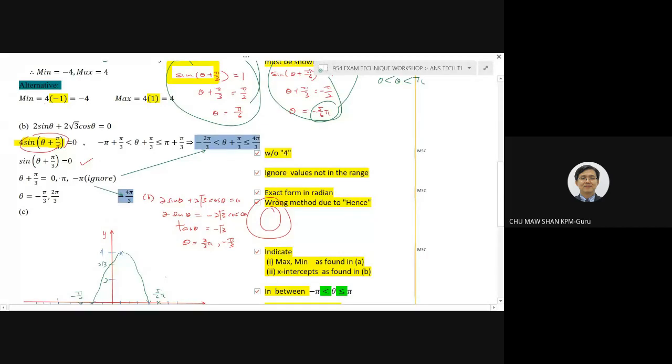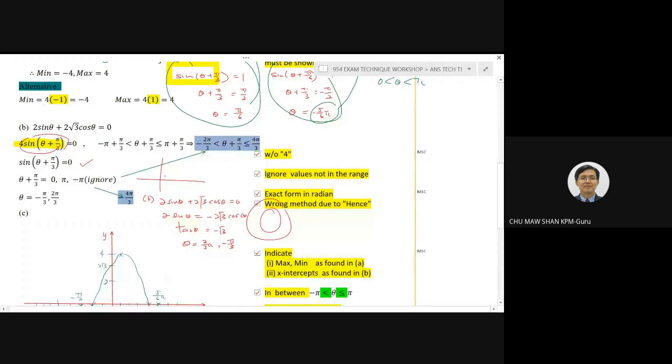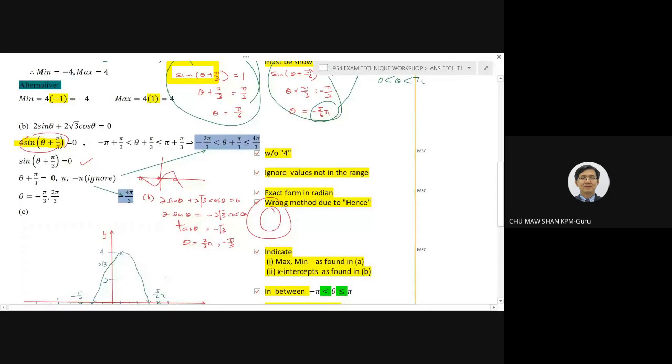Okay, so here you see the angle that gives 0. For sine to be zero, there are 3 places, right? 1, 2, 3. Negative pi, it is zero. The first one. Zero is zero. Here is negative pi. Here is zero. Here is pi. But for negative pi, when you work further, negative pi minus pi over 3 will give negative 4 pi over 3, which is already out of the range.